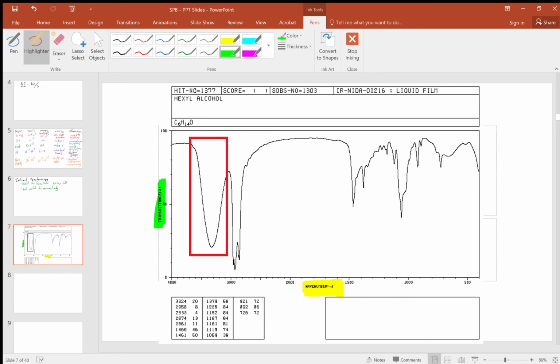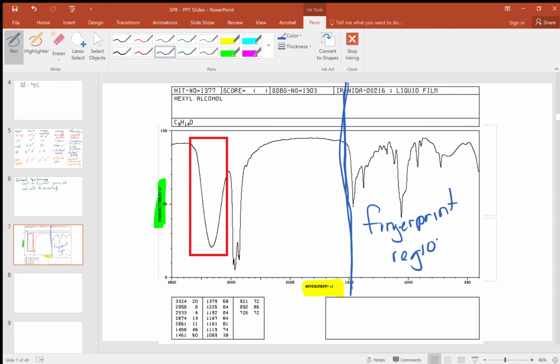Now, from there, we typically divide our IR spectrum up into two regions, and we make that division at about 1500 wave numbers. So what are the differences in those two regions? On the right side of the spectrum, we have what's known as the fingerprint region. This is the region of the spectrum below 1500 wave numbers.